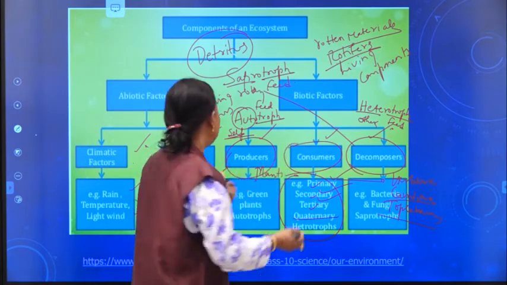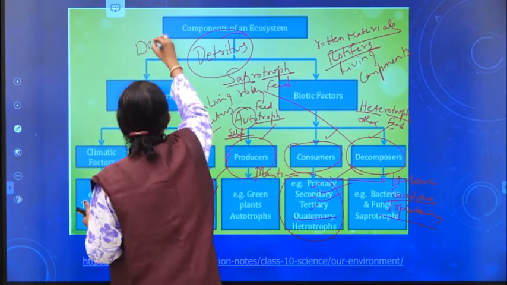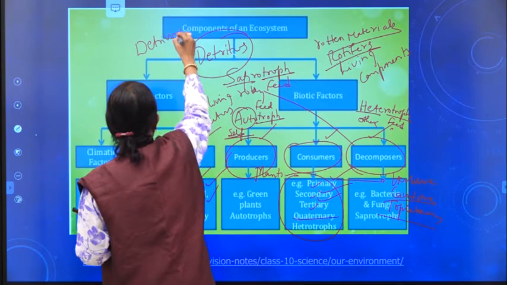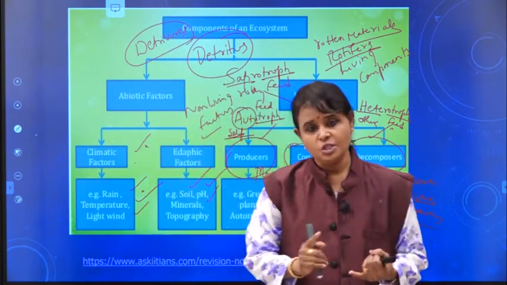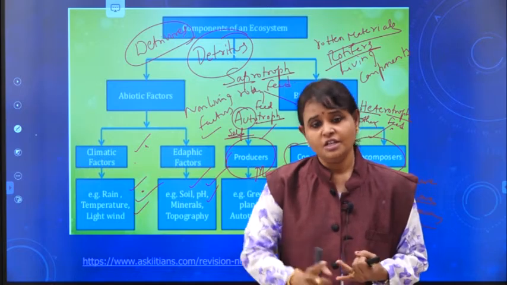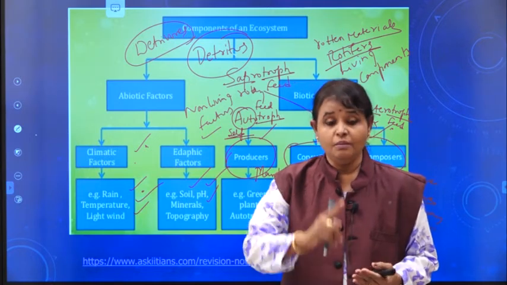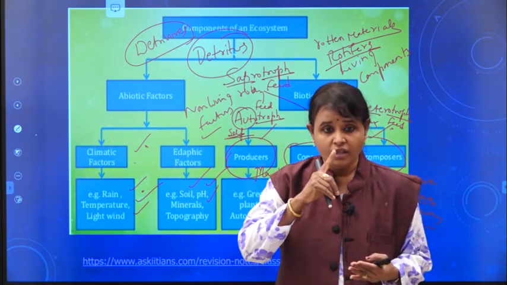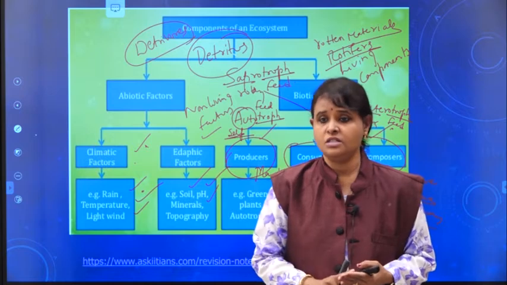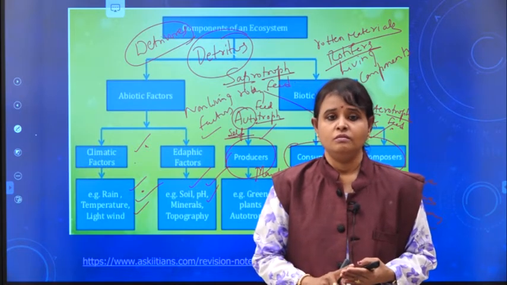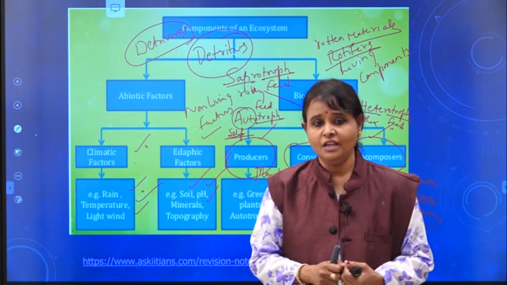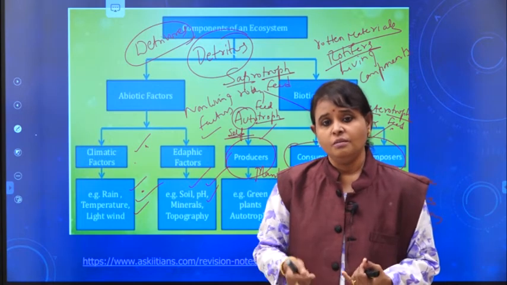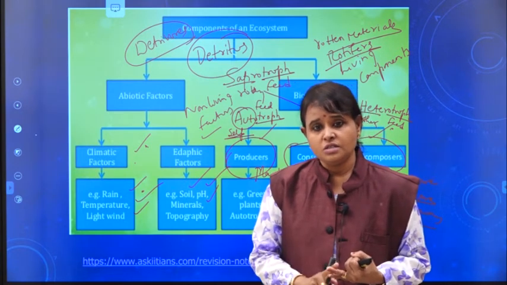So they are also called detritivores, because they feed on the dead organic material. So decomposers are saprotrophs, detritivores. They play a vital role in the ecosystem, in the environment. Without them, degradation cannot take place. Clear for you? About biotic and abiotic components.